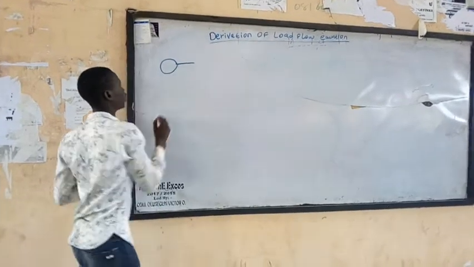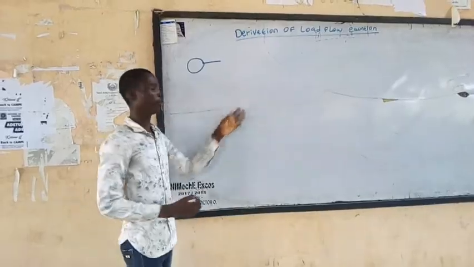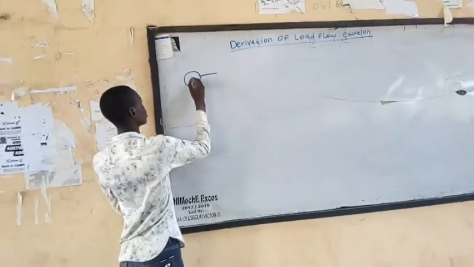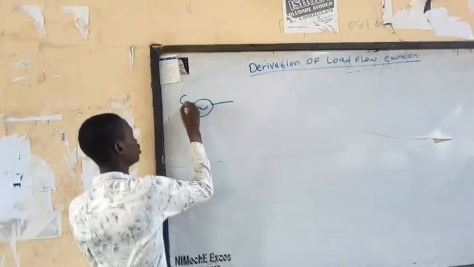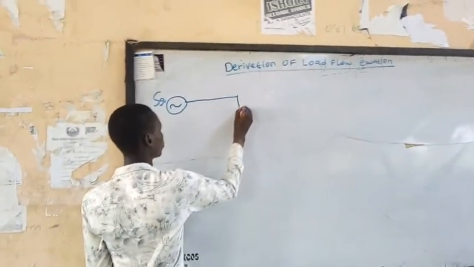Okay. First of all, the derivation of the load flow equation. Before we draw the diagram for it, in this place we are having SG1 here.